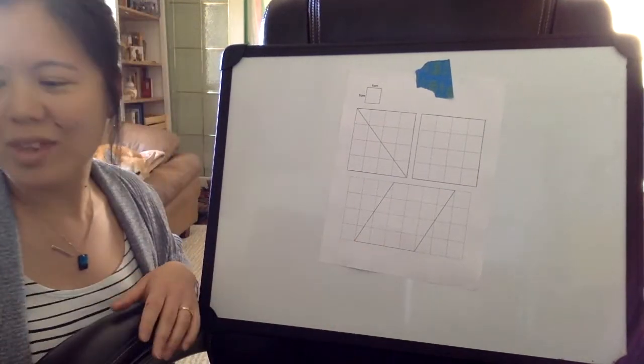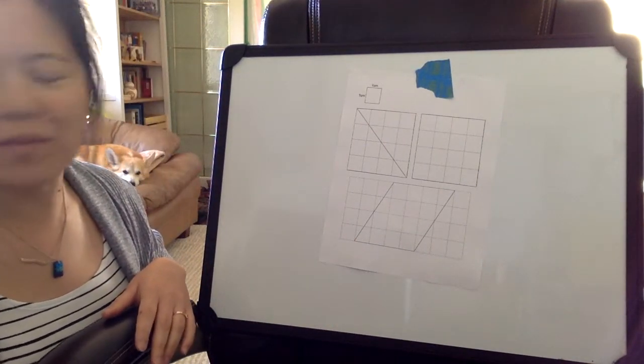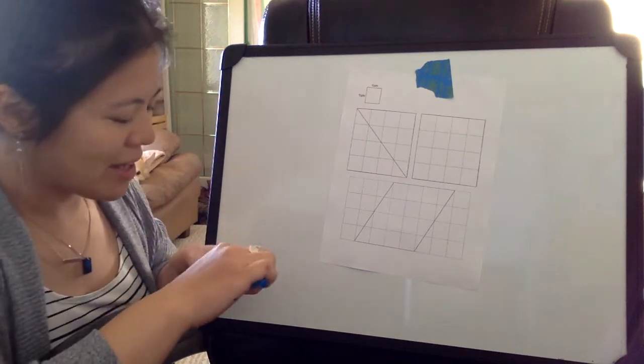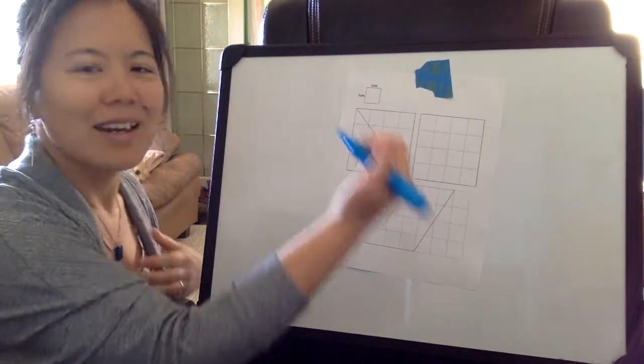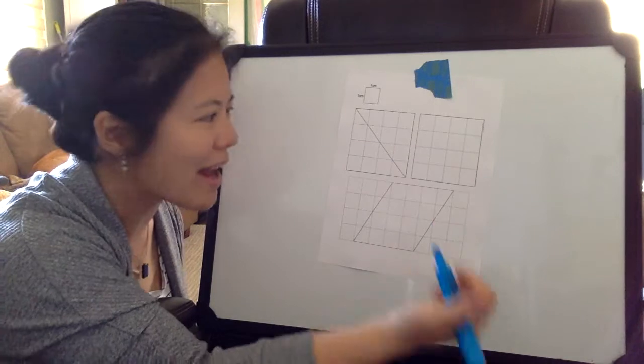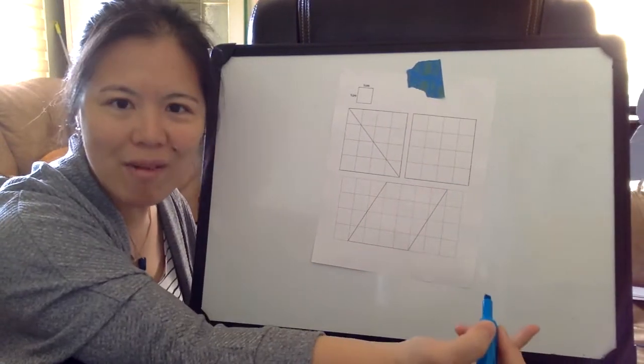So the way that I could prove this one, for example, is I'm going to count how many squares I have. For example, the square one is the easy one.